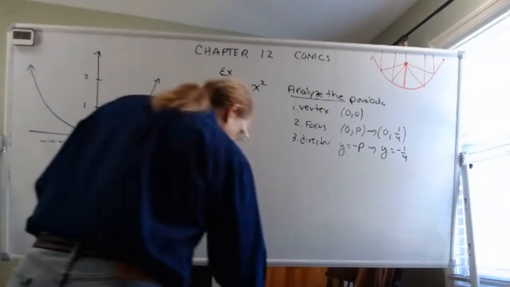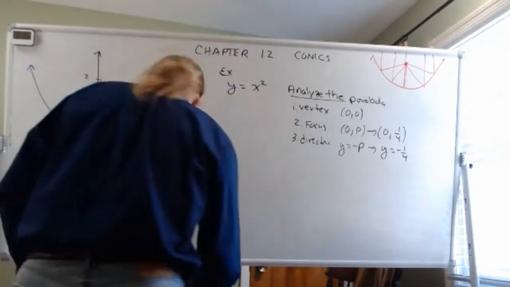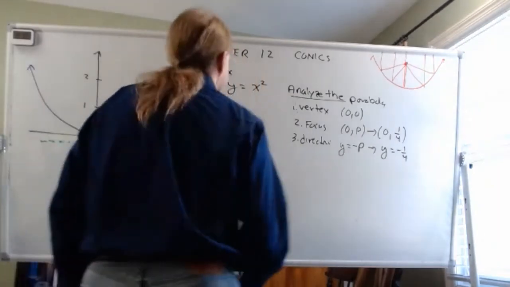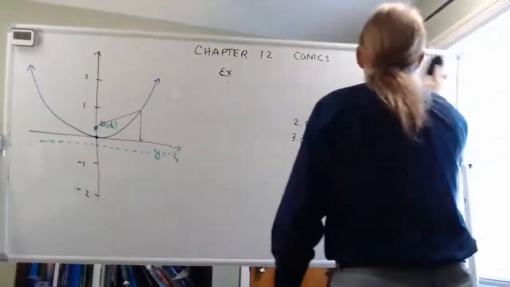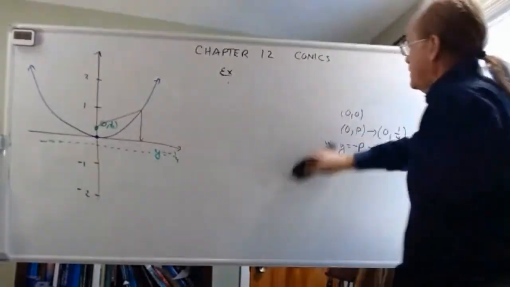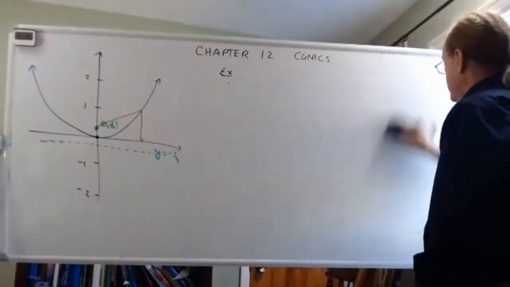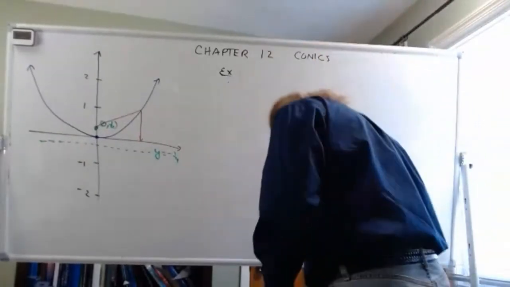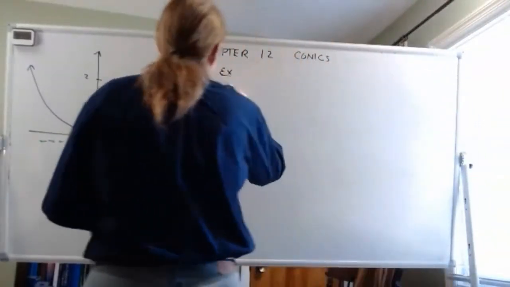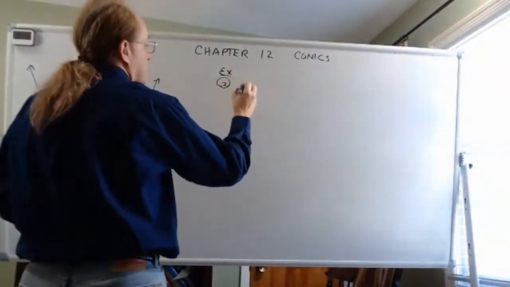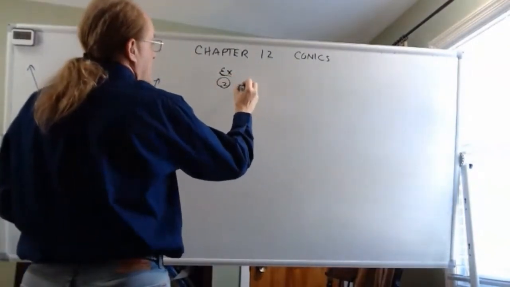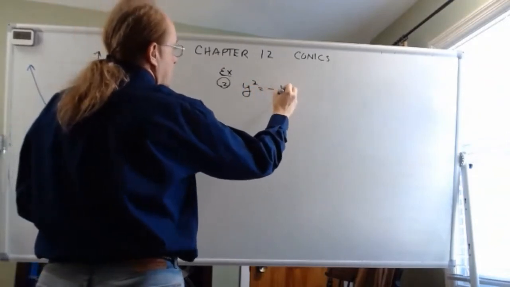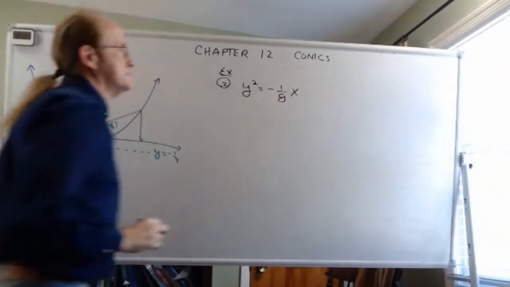Let's say, for example, we have a parabola that looks something like this. Here's another example. Again, I want to find the vertex, the focus, as well as the directrix. So let's say I have y squared is equal to a negative 1/8 x.